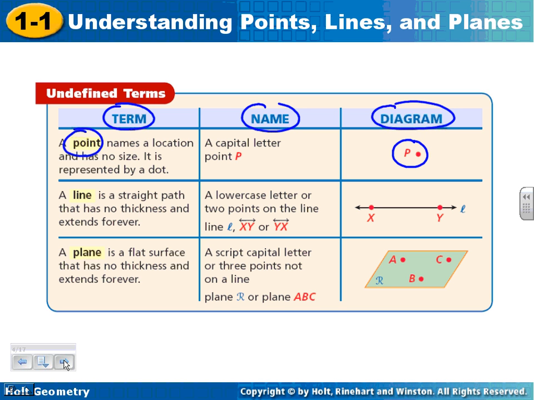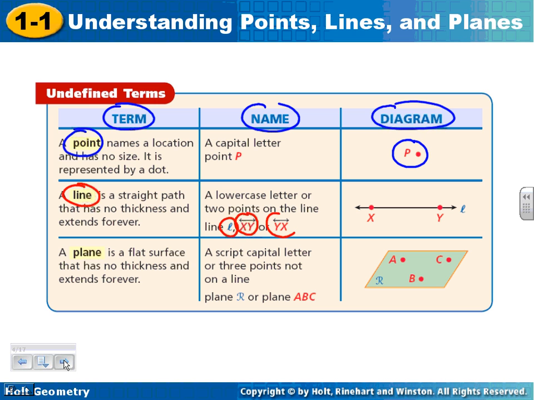The next one here is a line. A line is a straight path that has no thickness and extends forever, meaning it goes on until infinity. The next column, a lowercase letter or 2 points on the line. A lowercase letter like this L right here. Notice that's kind of an italics or scripted L. We can also call it this XY, 2 capital letters, and notice the arrow that's above it.